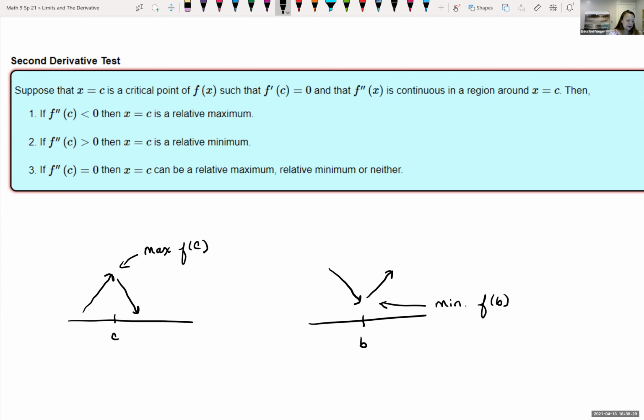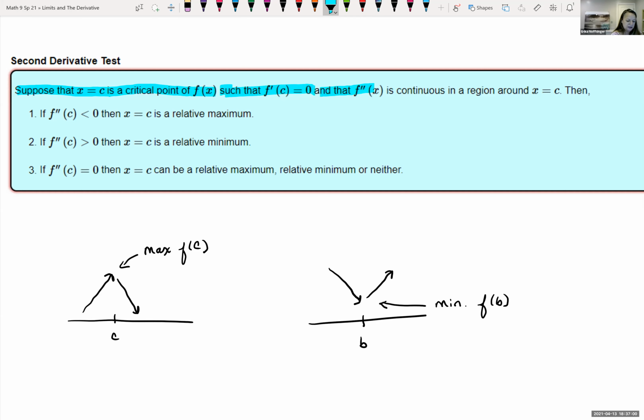But there is the second derivative test, and this doesn't always work, but let me just go through it. It says, first, suppose that at x equals c, we have a critical point of f of x. Recall, to have a critical point, the derivative was equal to 0 at that value, or it was actually undefined at that value too, and that's not put in here.